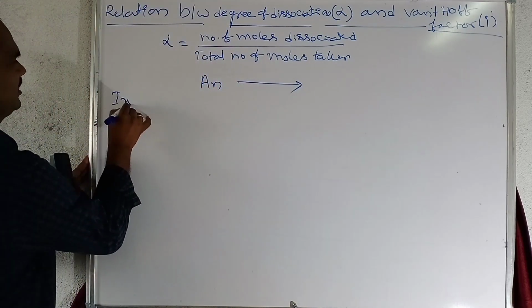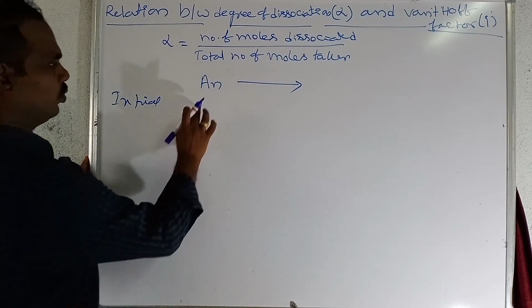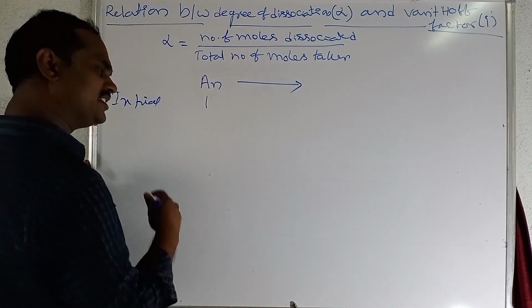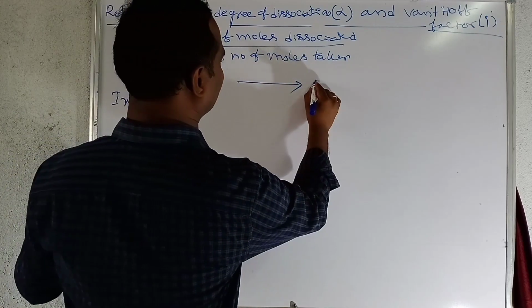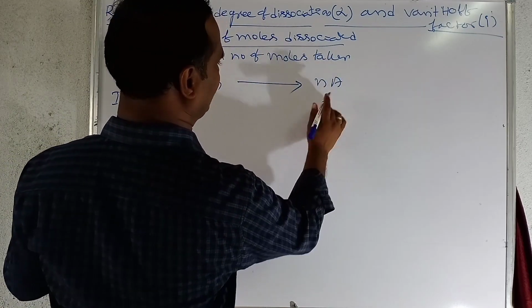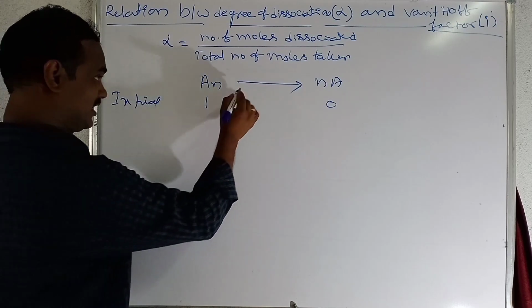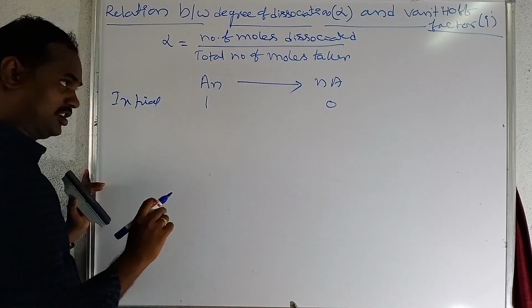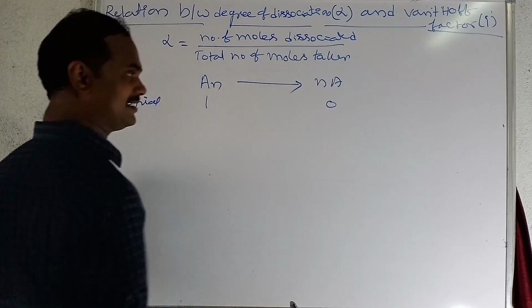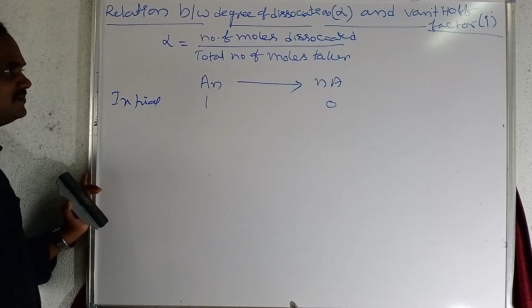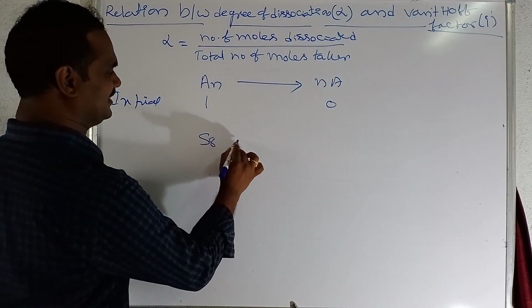Initially I take 1 mole, with no dissociation, so the dissociated value is 0. After dissolving in water, the A n molecule dissociates into n atoms. Suppose S8 is there.